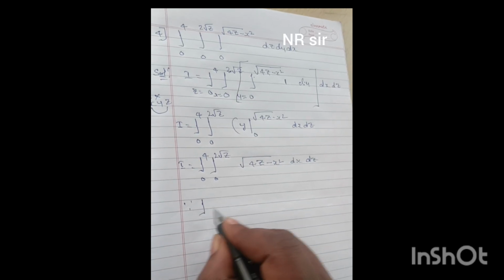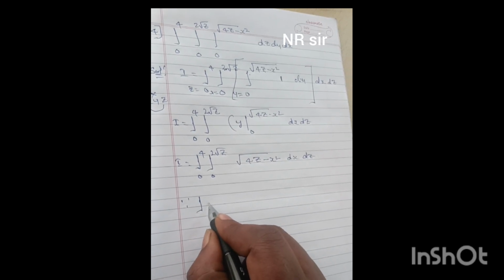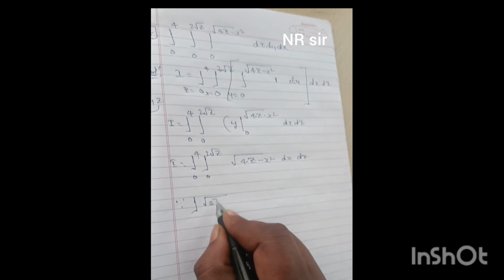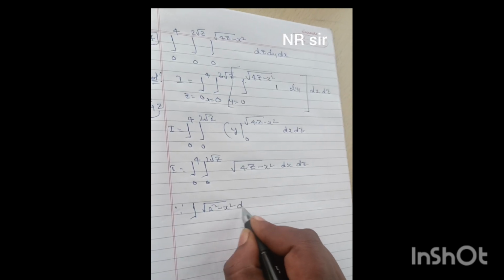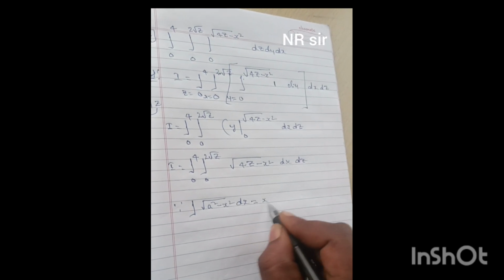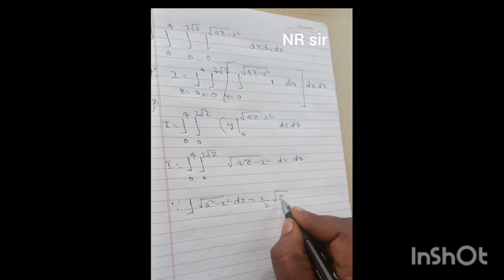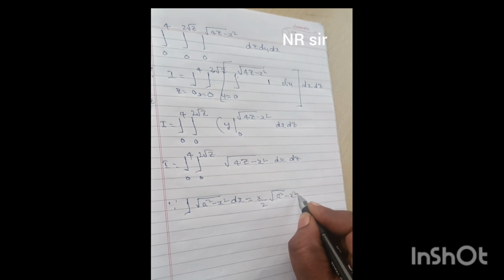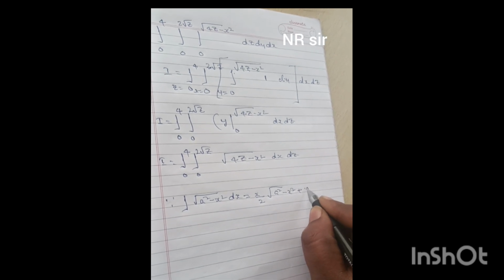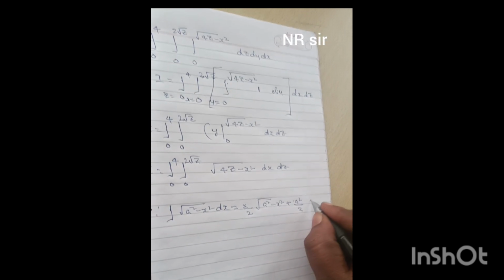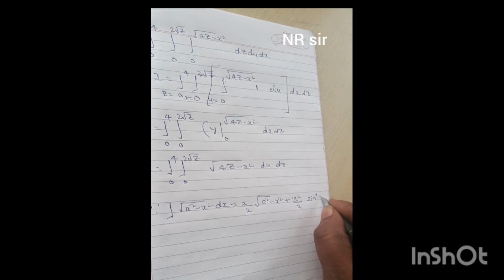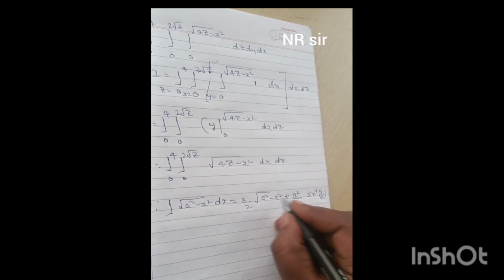The formula says that the integration of square root of a square minus x square dx is equal to x by 2 square root of a square minus x square plus a square divided by 2 sin inverse x by a.